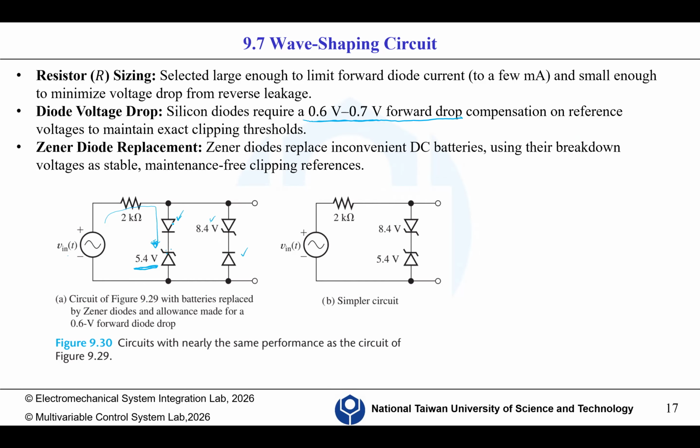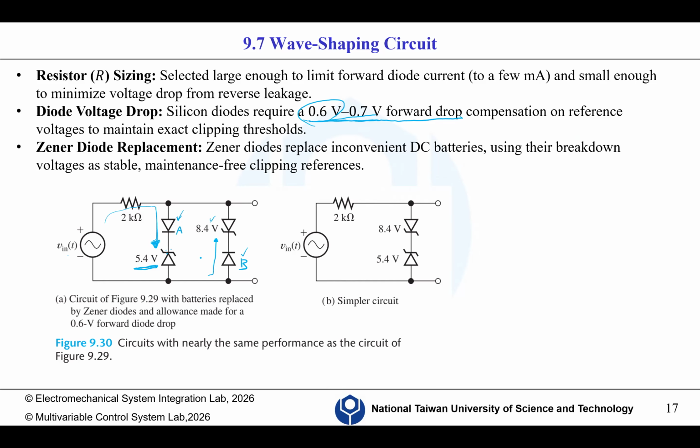Right now for this configuration, this diode has a knee voltage that approximates to 0.6 volts. Suppose this is A and this is B. For A to be turned on, the input voltage needs to overcome this 5.4 volts Zener voltage. In the opposite direction, for B to turn on, it needs to overcome the 8.4 volts Zener voltage of this diode.